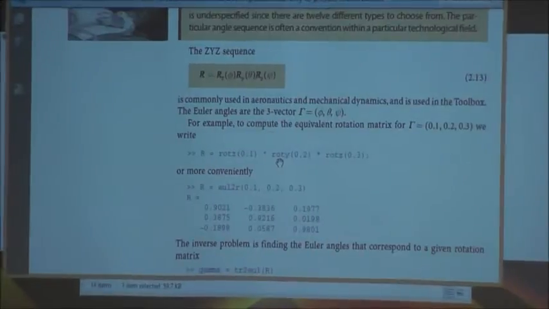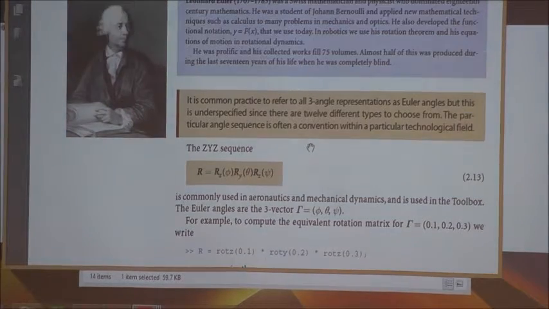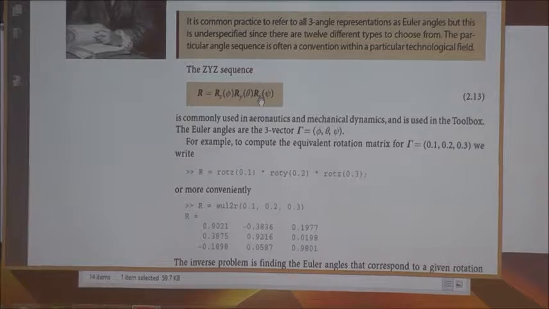Okay, so let's say you have a rotation along the z-axis of phi angle, a rotation along the y-axis of theta, rotation along the z-axis of zeta. This could be pitch, yaw, and roll. This is from the end of link 4 to the tip of the robot.